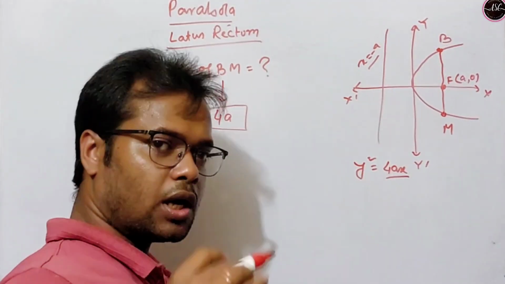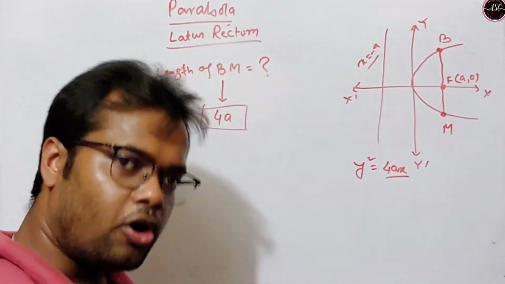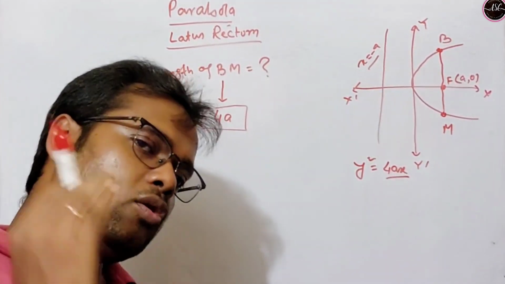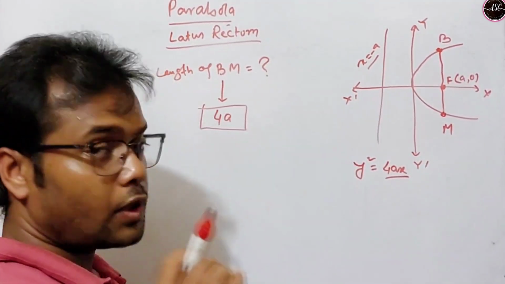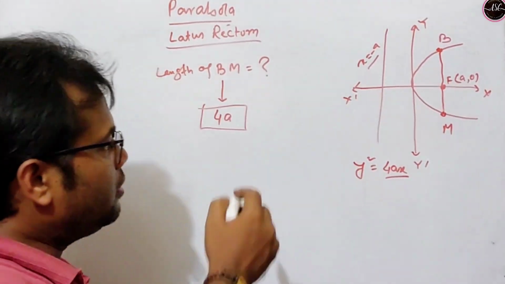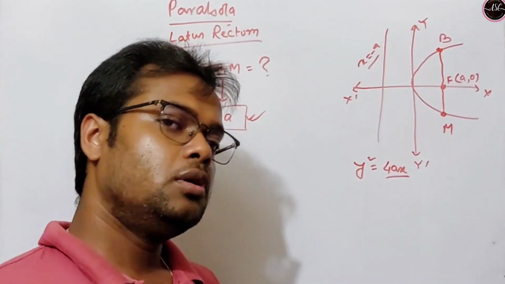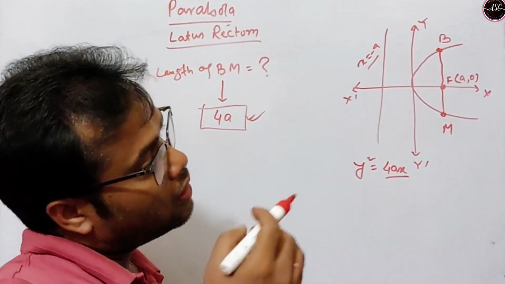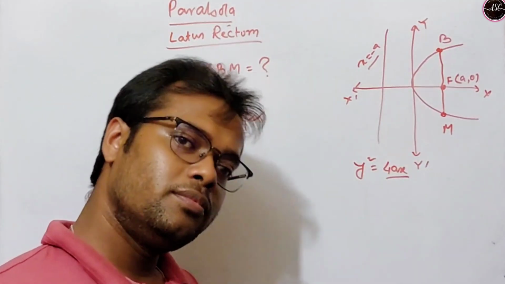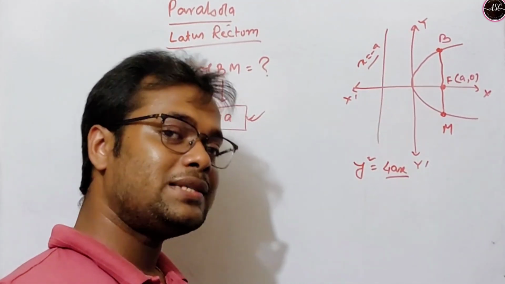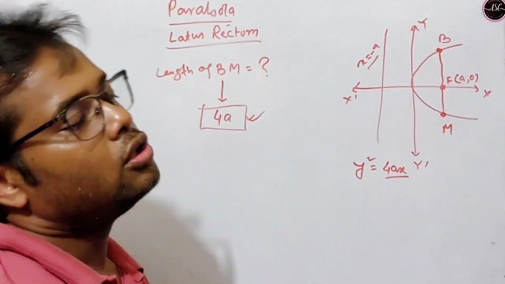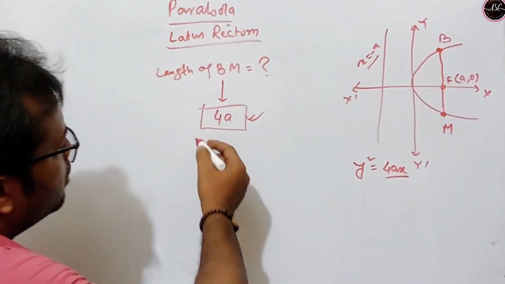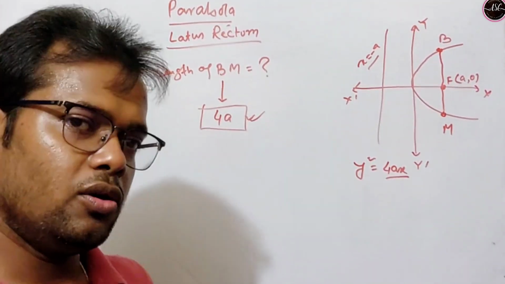For every one of the 4 types of parabola, the length of the latus rectum will be the same, that means 4a, where a is from the coordinates of the focus: (a, 0), (minus a, 0), (0, a) or (0, minus a). Then the latus rectum length is 4a. This should be remembered.